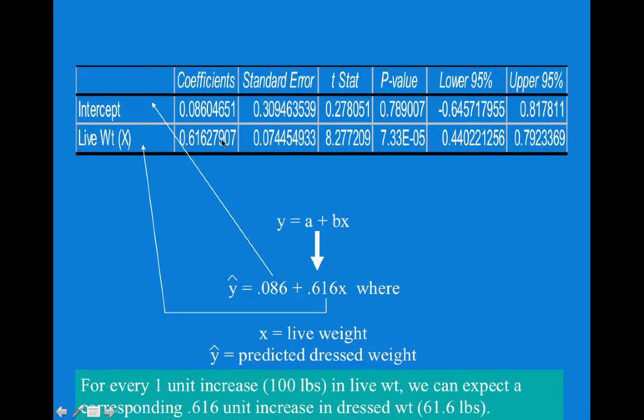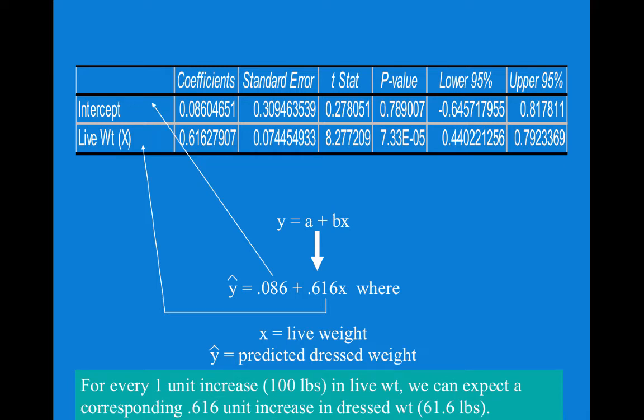The coefficients here we're going to use to build our regression equation. So in our regression equation, if we're trying to predict dressing percentage, we're going to take our intercept value of 0.86, then add the live weight coefficient, which is 0.6162, and multiply that times x.